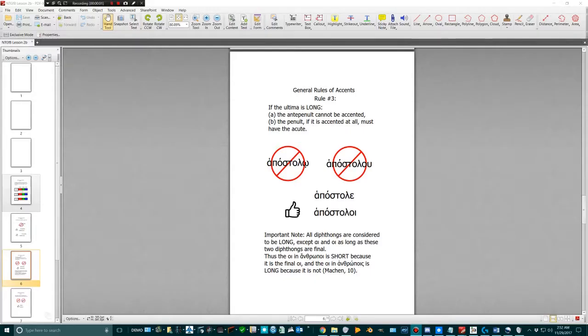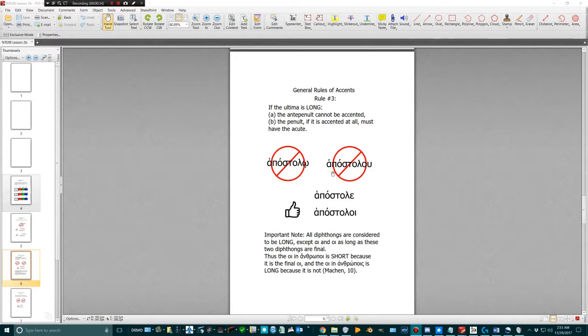General rule number 3. If the Ultima is long, the antepenult cannot be accented. The penult, if it is accented at all, must have an acute. So if we take a look at our examples here, we have the word apostolo. Notice that the Ultima here is long, the omega is long, therefore the antepenult cannot be accented.